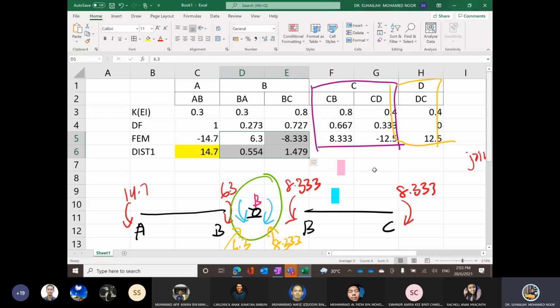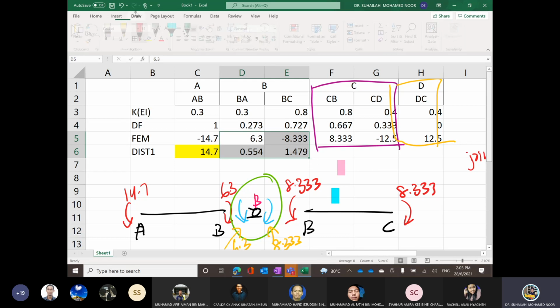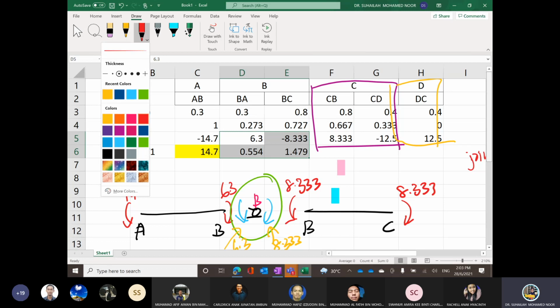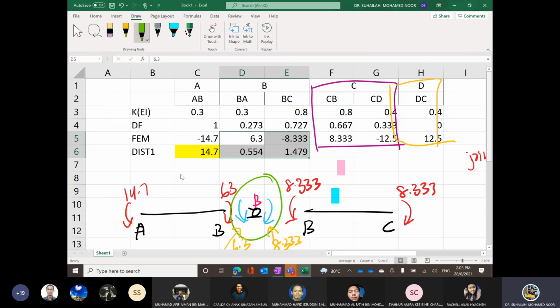Do you get 0? Yes, madam. Same goes to the previous one, where M at A is equivalent to 0. It is negative 14.7 plus 14.7. Okay, now this value is also 0.